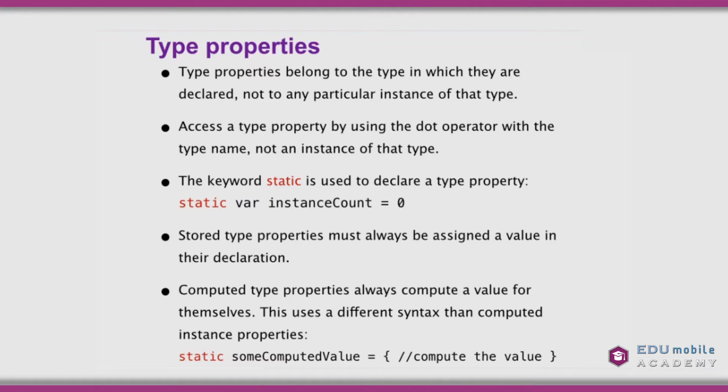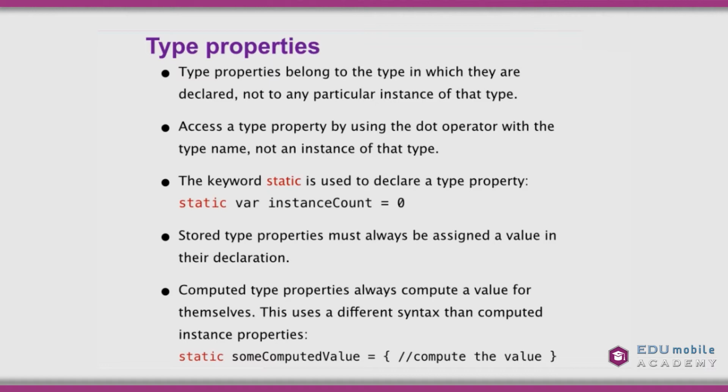Stored type properties must always be assigned a value in their declaration. They can't be assigned a value in their initializer, because an initializer is an instance method, and it can't get to the type property. So when we store a type property, we must assign it a value. Now, if we have a computed type property, it has to compute a value for itself.